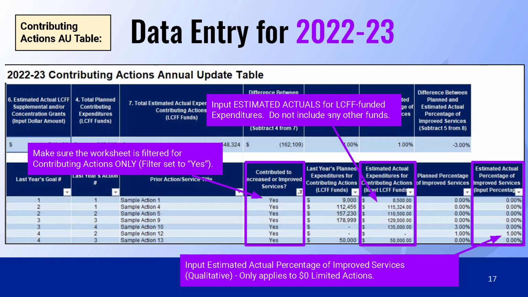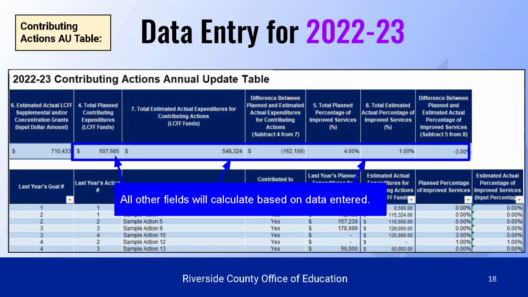We've covered in a previous video how to determine the percent of improvement for these actions. Now, all other fields on this table will calculate based on the data entered into either the data entry table or your entries for your estimated actual expenditures.